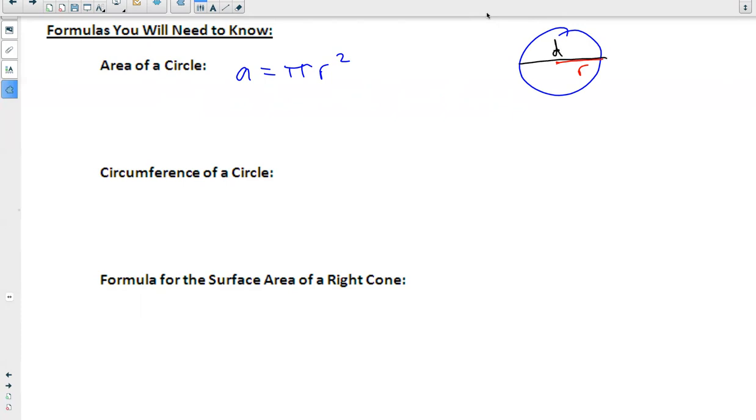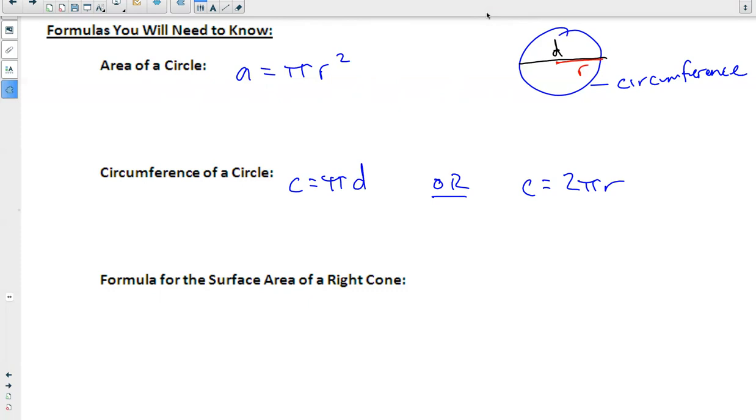And remember, the circumference goes all the way around the circle. So circumference is equal to pi times the diameter of the circle, or circumference is equal to 2 pi r.